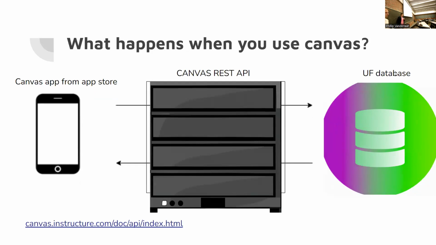And then a REST API is used as basically a middleman between the two. So you can have it so that every single outlet of Canvas, whether it's the app, the browser, or anything else you're using, can all use this one REST API, which interacts with a database.